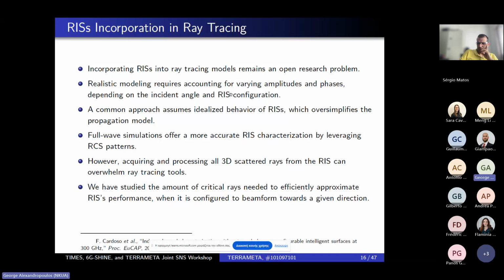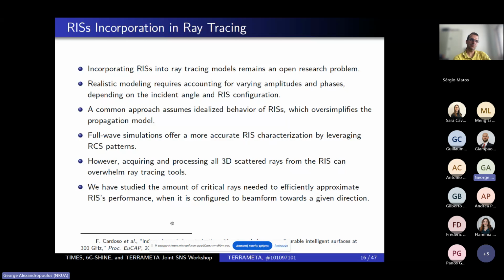On the other hand, we have the full wave simulations, which are, of course, the first tool that we use in the design within TERRAMETA RIS that you have seen there, and provide a more accurate characterization of the RIS, leveraging the radar cross section patterns. However, to acquire and process all these scatter rays from the RIS certainly will overwhelm a ray tracing tool.